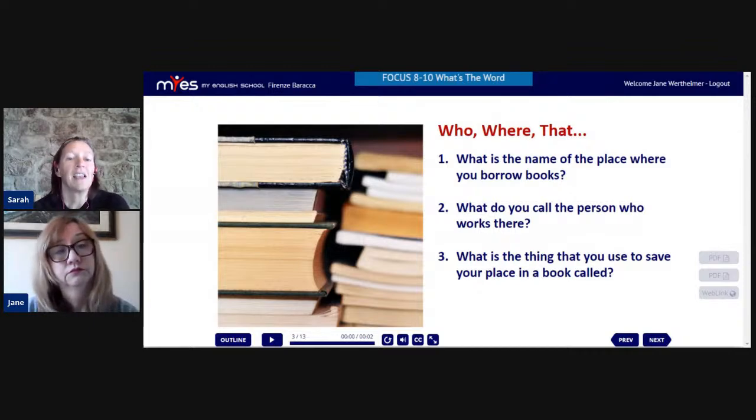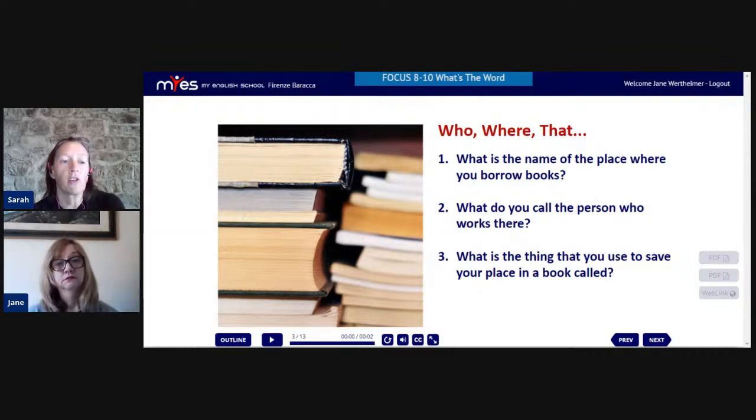So basically, the difference between borrow and lend is that you do the borrowing because you don't have the thing. But the place where you go to get them would lend you the books because they have the books to lend. So that's the reason why there's the difference between borrow and lend.